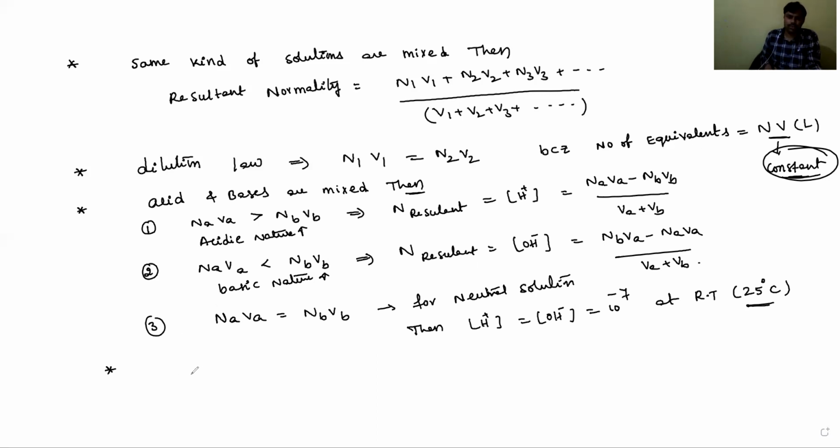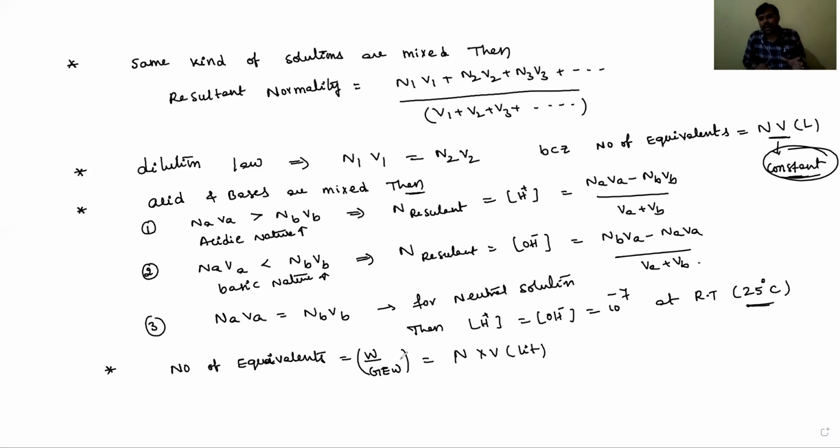So the number of equivalents of solute is equal to N into V. The formula for the number of equivalents is weight by gram equivalent weight, which is equal to normality into volume in liters.